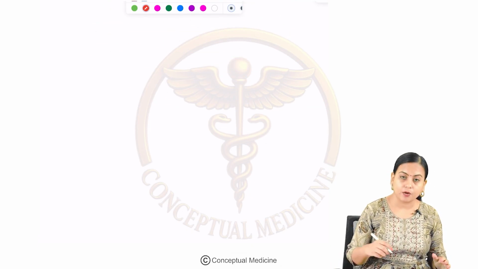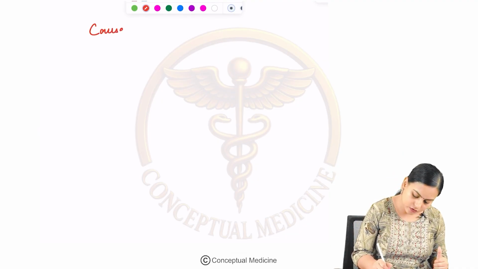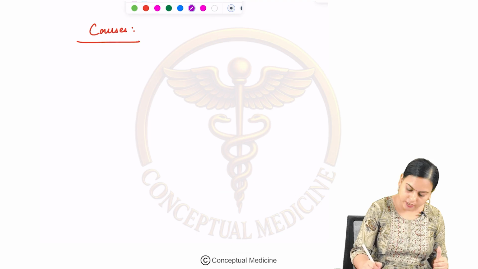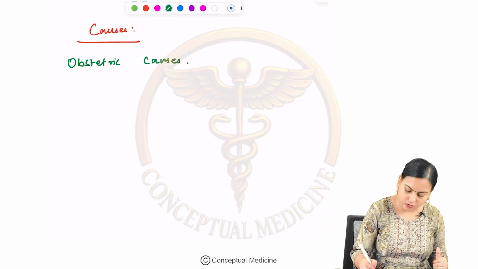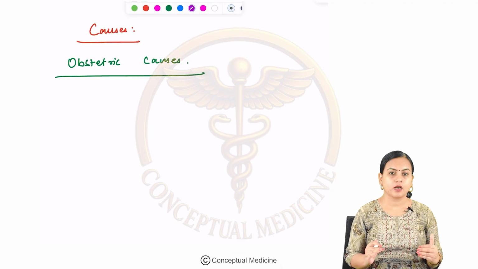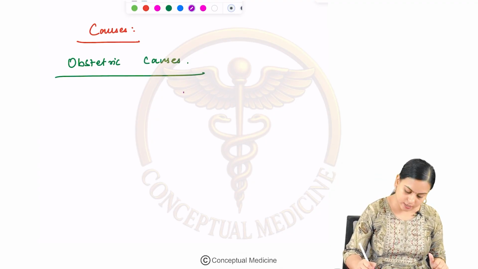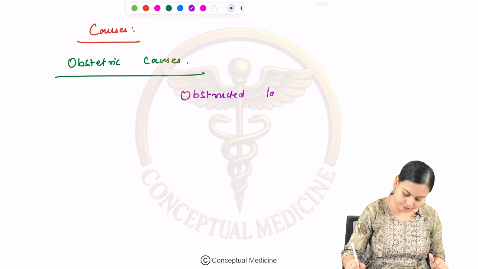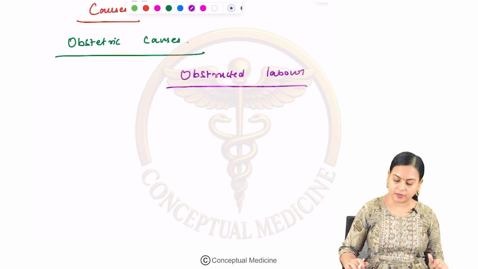Right. Now let's discuss some causes of fistula. So causes of fistula include obstetric causes. The most common cause in obstetrics that is causing fistula is, yes, obstructed labor. So how is obstructed labor going to cause fistula?